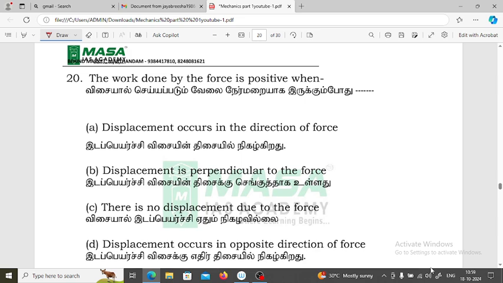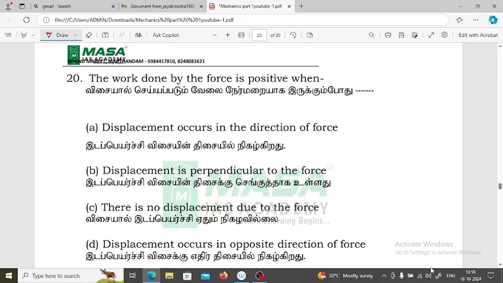Second option, displacement is perpendicular to the force. Third option, there is no displacement due to the force. Fourth option, displacement occurs in opposite direction of force.